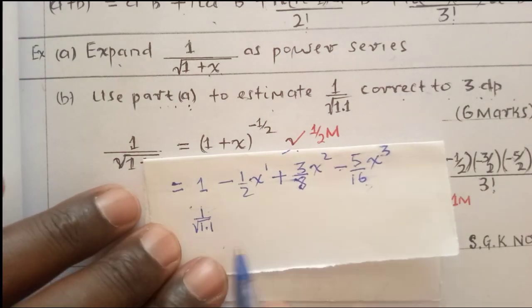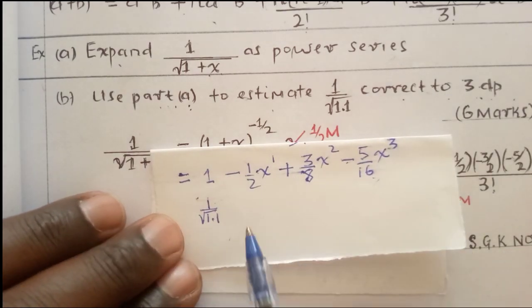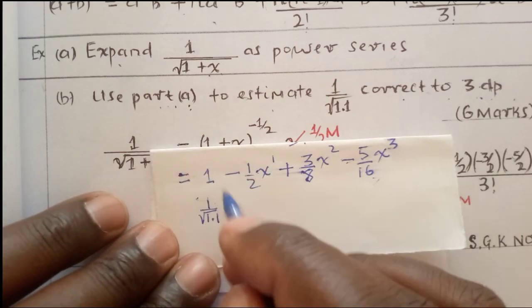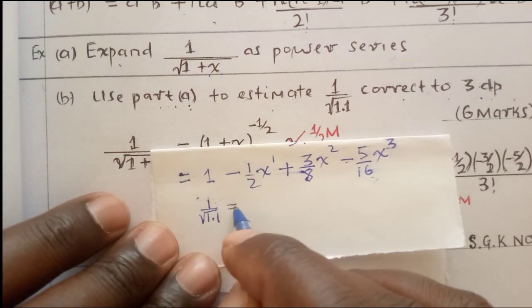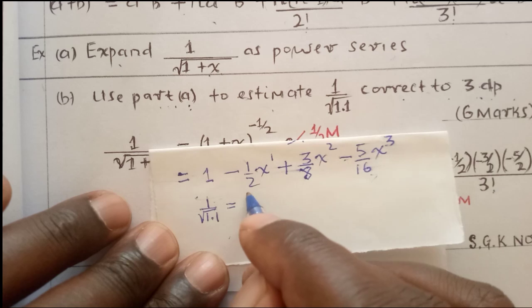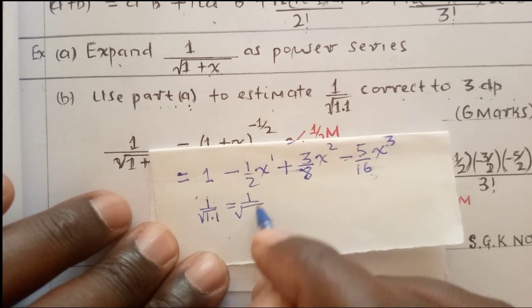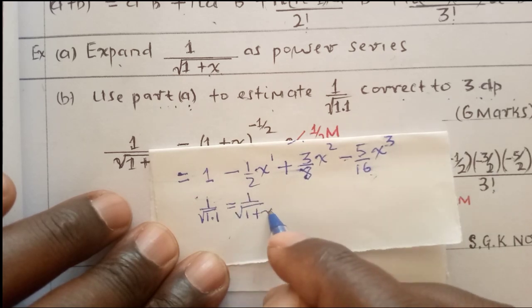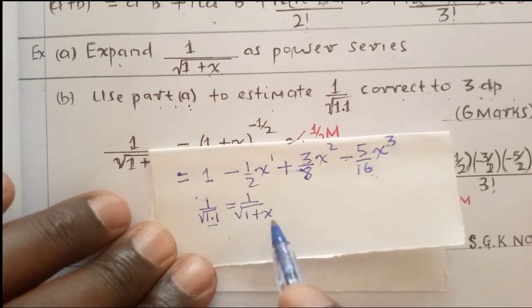Our initial expansion was from 1 over square root of 1 plus x, so this should be equal to this.